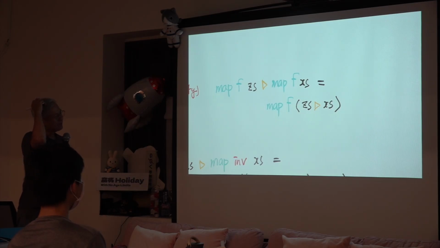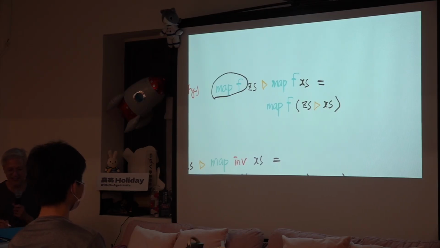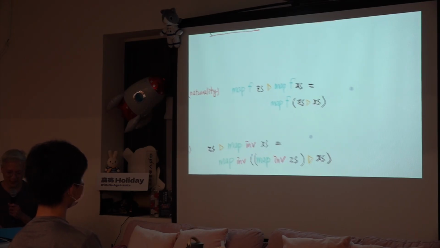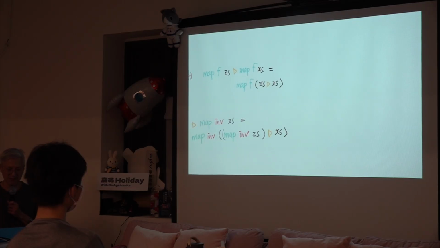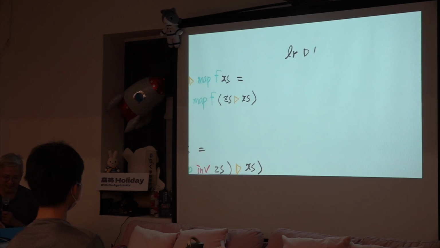However, what we have is slightly different. There's no map F here. It's just LR. So, what actually happens? Maybe we can do this, saying that LR interleave, and also in our particular case, this F is not any F, it's inv. So inv has this property that if you do inv twice, you get the same thing.